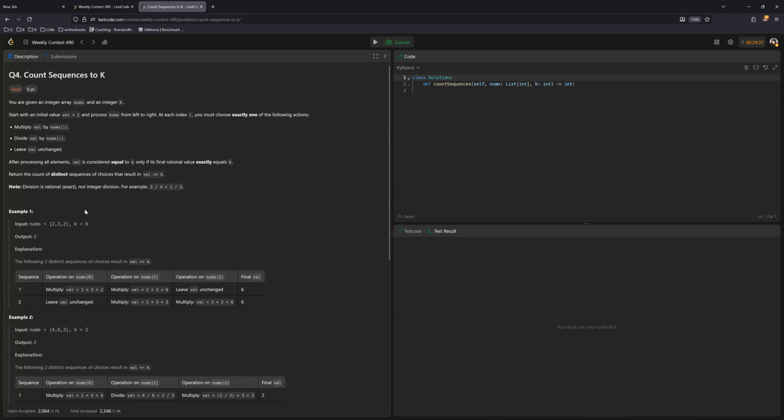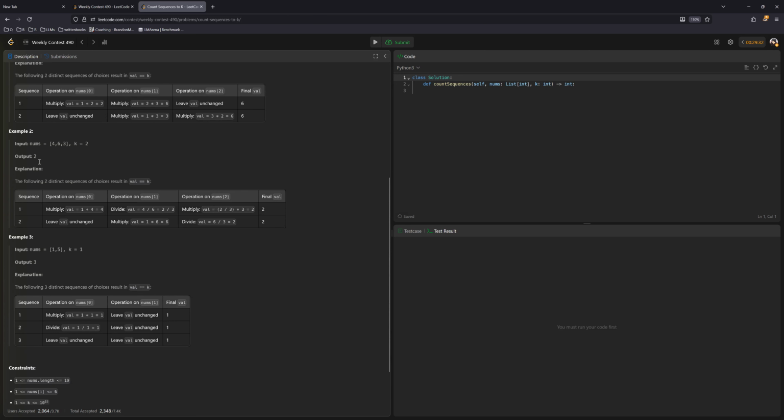Yeah, we would divide to get smaller. Okay. I think we can do all of the multiplies first. Doesn't that make sense? And then only if we had an extra factor would we divide. No, not necessarily.